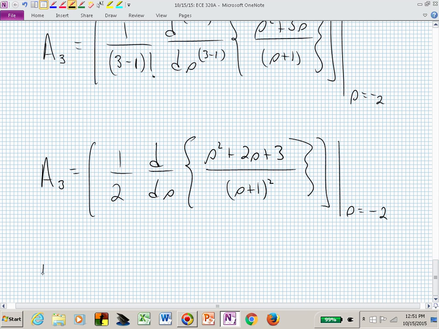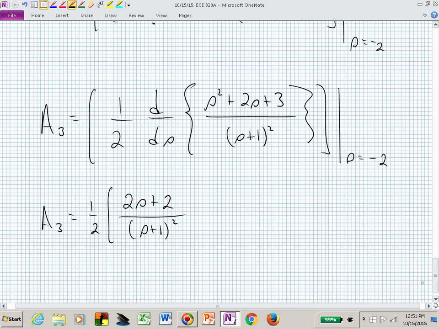If we do the differentiation like I did before, I'm going to pull out the 1/2, and now I differentiate the numerator term with respect to s, and that's 2s plus 2. And that's then multiplied by the second factor, which is just (s plus 1) to the minus 2. Then I need to differentiate the second term, which is what I'm considering to be (s plus 1) to the minus 2.